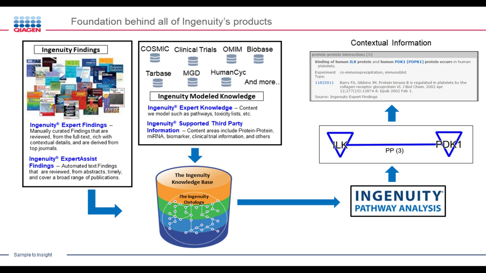Keep in mind, a lot of the information curated from peer-reviewed publications is manually curated by PhD level scientists, and it is updated on a weekly basis. On the other hand, the information we curate from databases like BioGRID, clinicaltrials.gov, and TarBase, which are databases for things like protein-protein interaction, clinical trials, and microRNA, is updated on a quarterly basis.